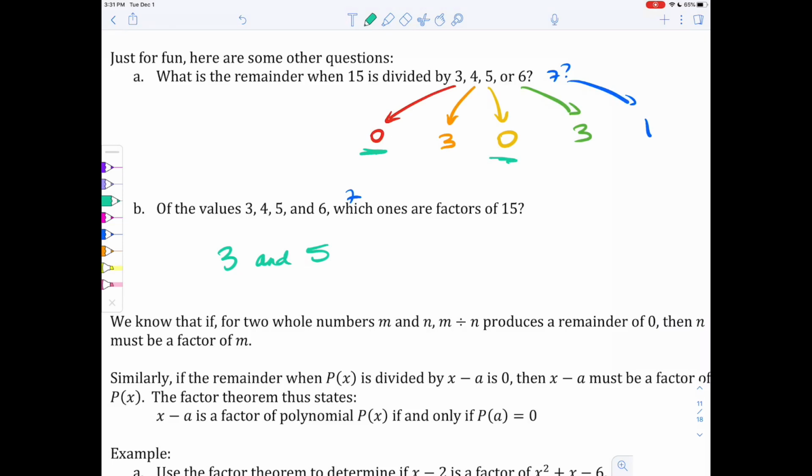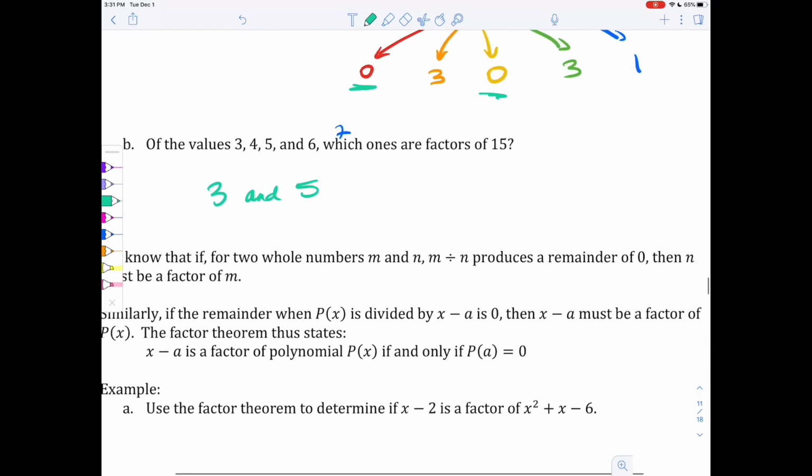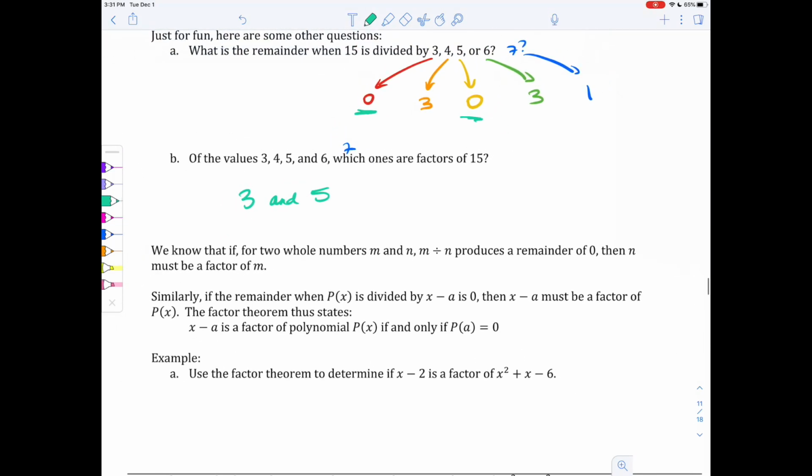So, if p of x is divided by x minus a, and the remainder is 0, then x minus a must be a factor of the polynomial itself. And there it is restated. So we can use the remainder theorem to determine what the remainder is.